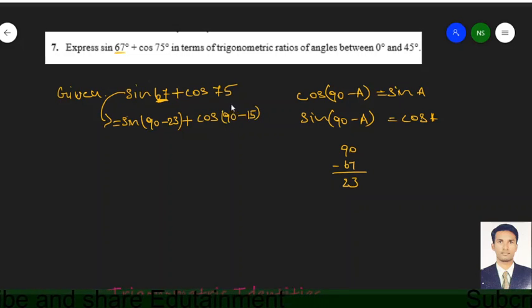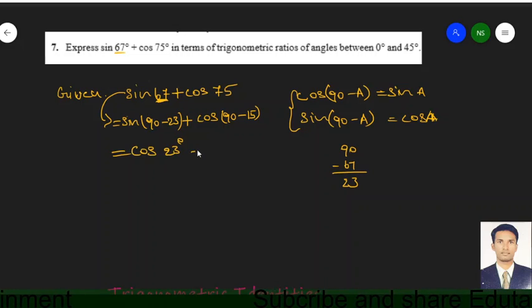Because 75 and 15 are complementary angles. Now I can use these two laws. Sin(90 minus A) is cos A. I will get here cos 23 degrees plus sin 15 degrees. Now all these angles are between 0 and 45.